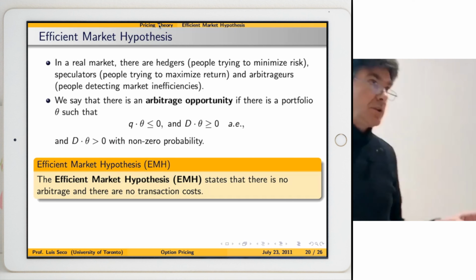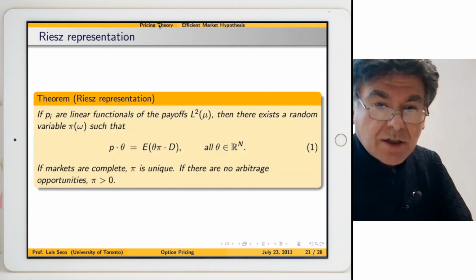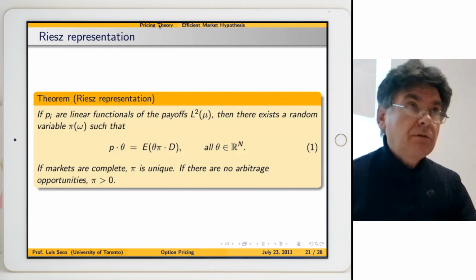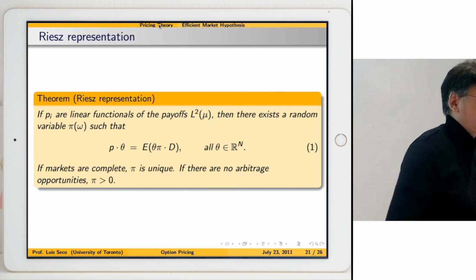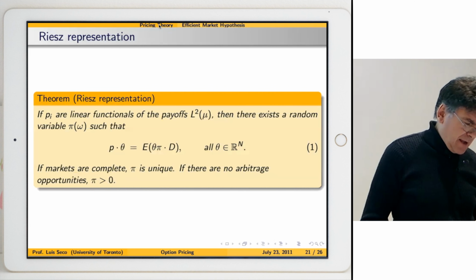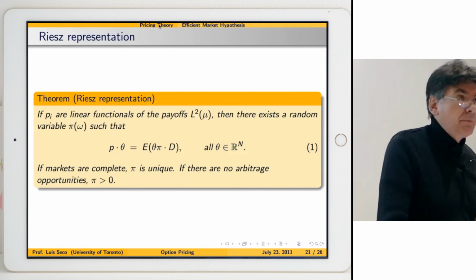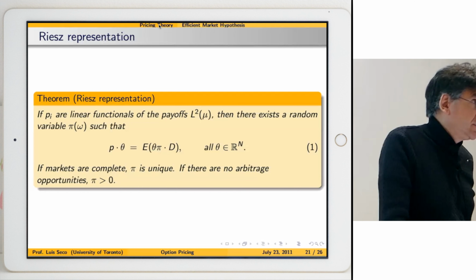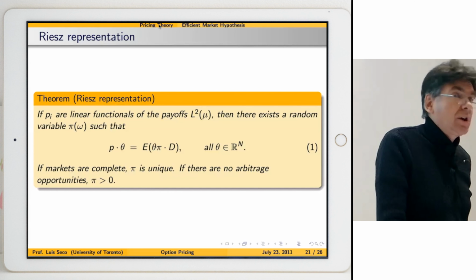Yeah, we're climbing the mountain of abstraction, but we've already dealt with all of these concepts. This is my theorem, and I call it the risk representation theorem because that's really what it is. So if I have linear functionals of the payoffs, what does that mean? A payoff is a vector.